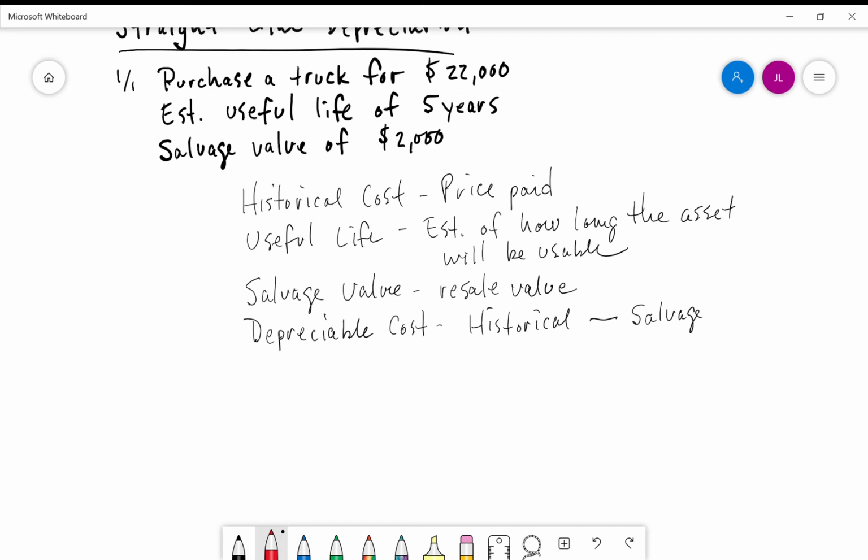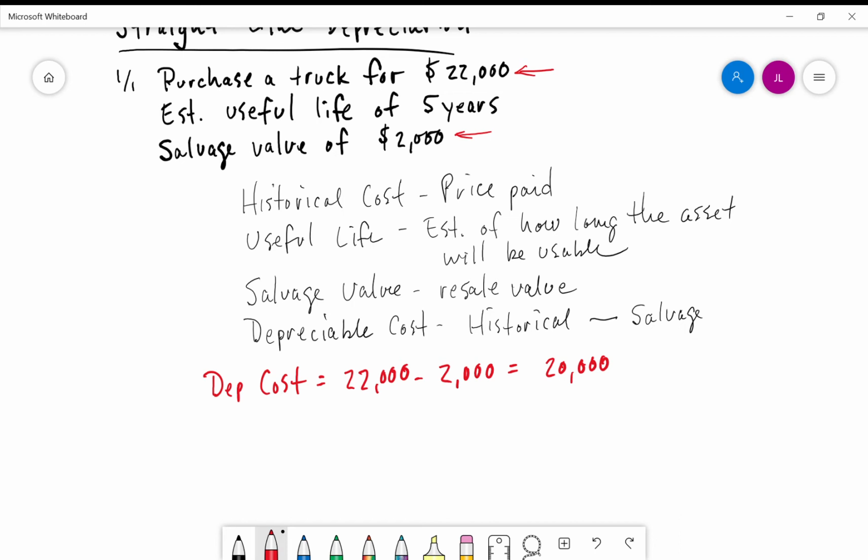So depreciable cost is equal to our $22,000 minus $2,000, which means we have $20,000 in depreciable cost. That's how much we can depreciate this truck over the life that we have it.